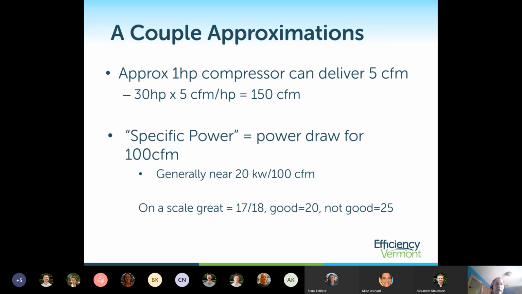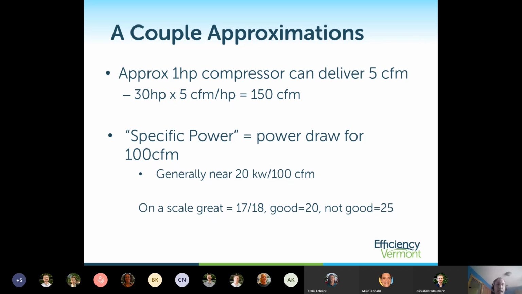Also, we rate compressors on specific power. Generally, that specific power is in the range of about 20 kilowatts for every 100 CFM delivered. As you're looking at performance sheets, which will be on the next slide, a really good compressor system would have a lower kW per 100 CFM.